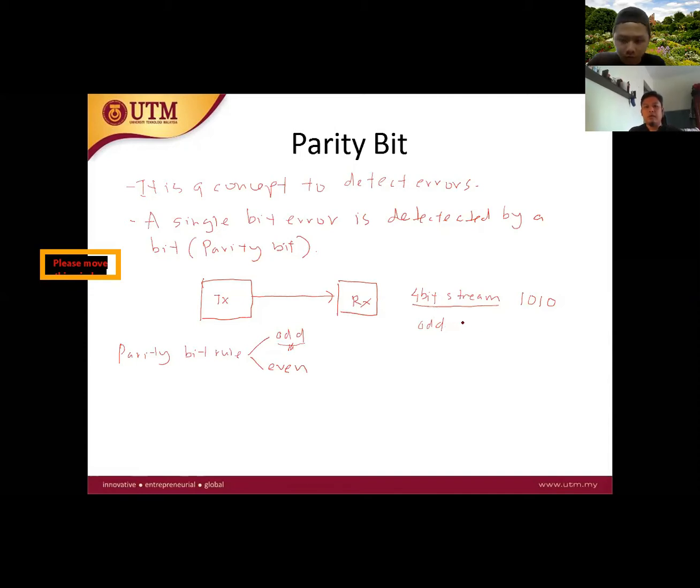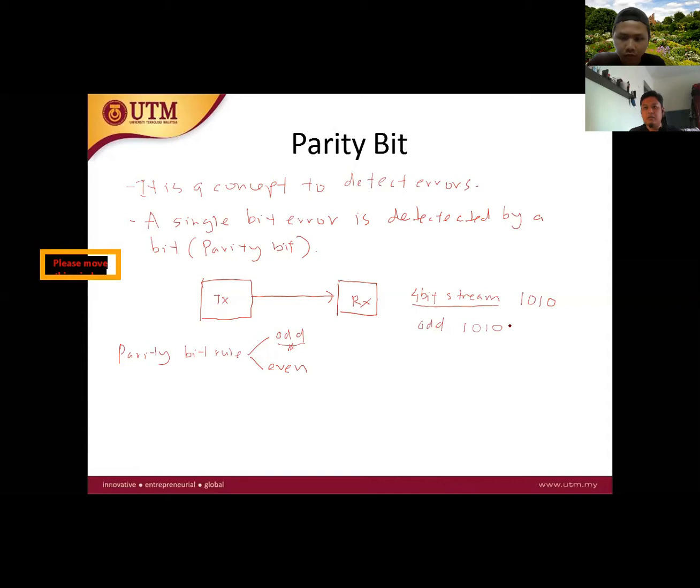So if we use the odd rules, one bit must be added. When we sum up all the bits in the stream, including the parity bit, the number of one bits must be odd.